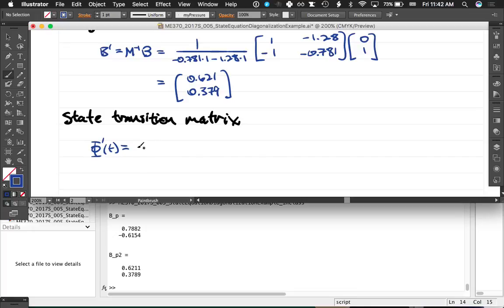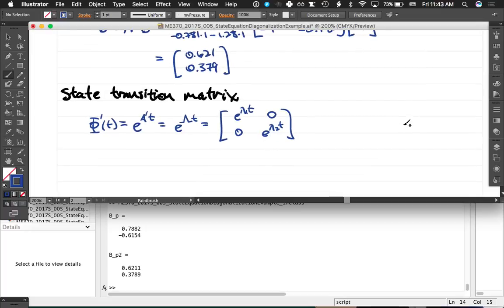It's always defined as the matrix exponential of A prime t, which in this case is e to the lambda t, which is easy to compute for diagonal matrices. So it's just the scalar exponential of each lambda: e to the lambda 1 t, 0, 0, e to the lambda 2 t. Okay? So that was easy.